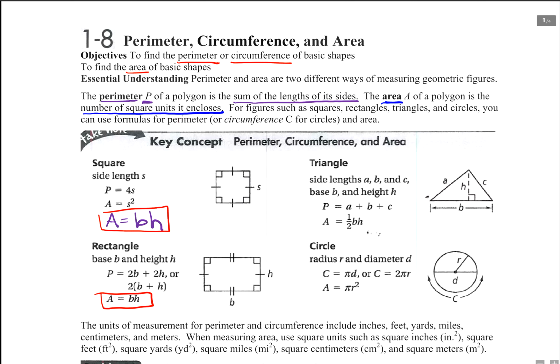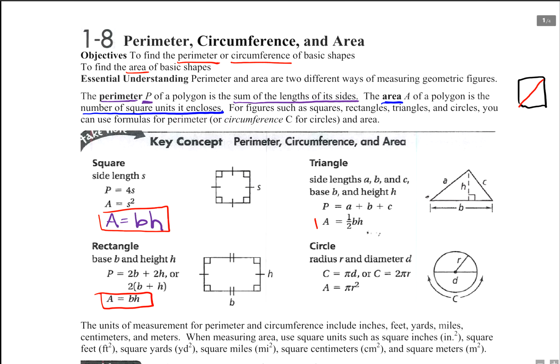times height. Now, the reason that I like base times height is because if we look at a triangle here, how do you make a triangle? Well, if we take a square, I'll do it in a different color, if I take a square and I cut it in half, I have a triangle.